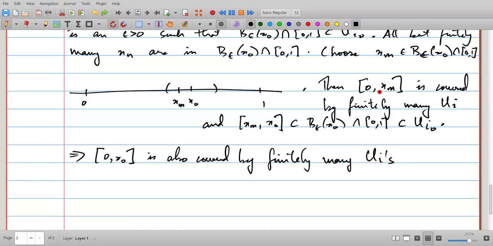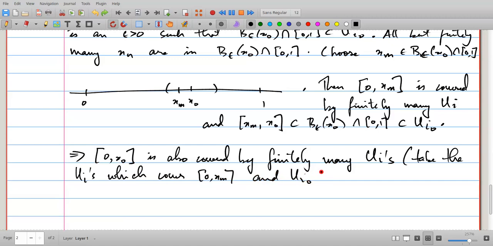We can just take the U_i's which cover [0, x_m] along with U_{i_0}. So this proves the claim that x naught belongs to S.